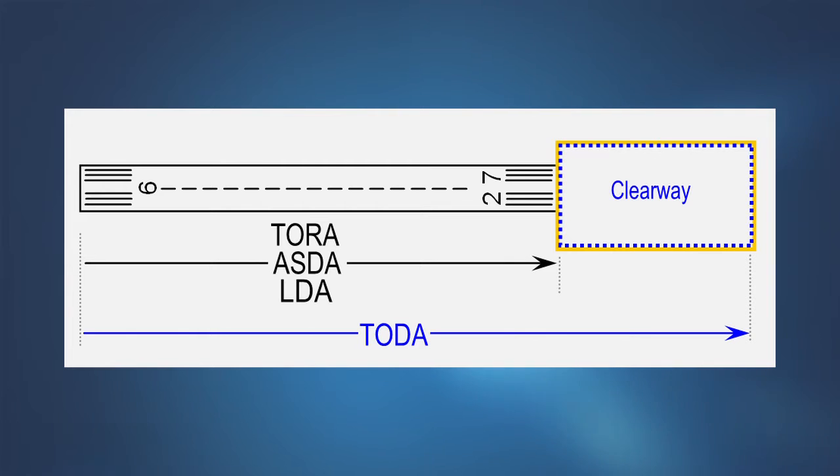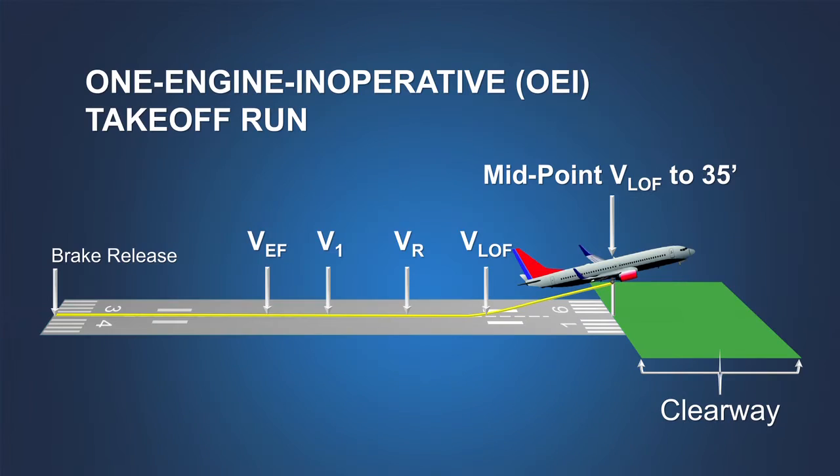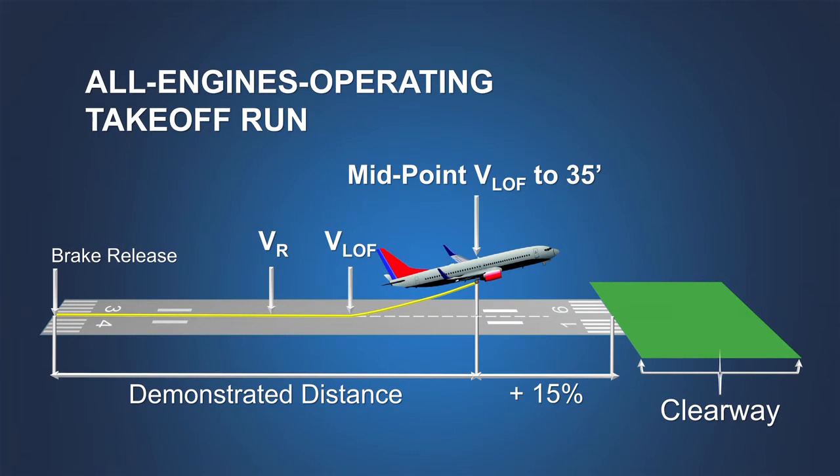The takeoff run distance is a consideration when the takeoff run available is less than the takeoff distance available. For example, when the runway has a designated clearway usable for takeoff planning, the takeoff distance available will be longer than the takeoff run available. The takeoff run is the longer of the distance required from the start of the takeoff to the midpoint between liftoff and the point at which the airplane attains a height of 35 feet above the takeoff surface, with one engine inoperative, or 115% of the distance required from the start of the takeoff to the midpoint between liftoff and the point at which the airplane attains a height of 35 feet above the takeoff surface, with all engines operating, whichever is longer.